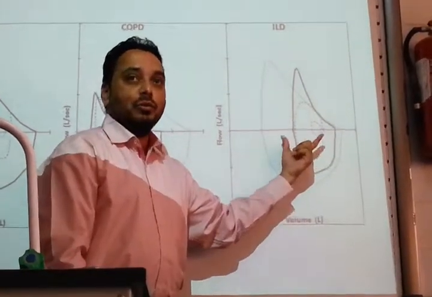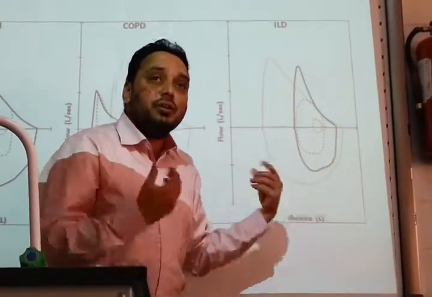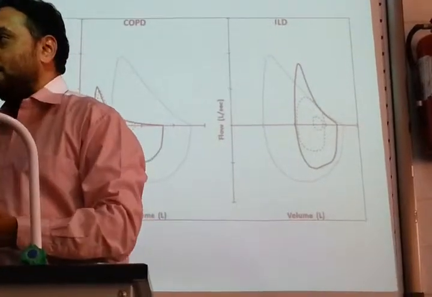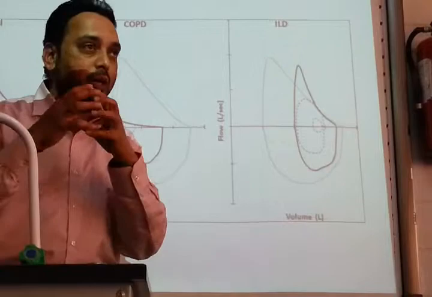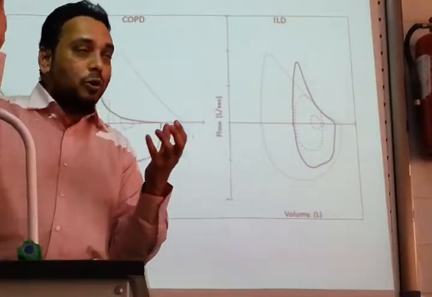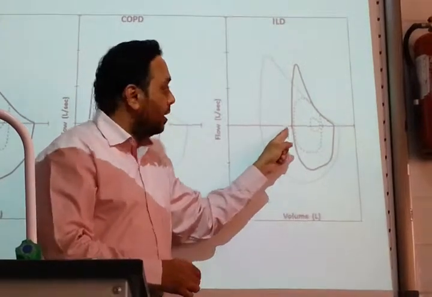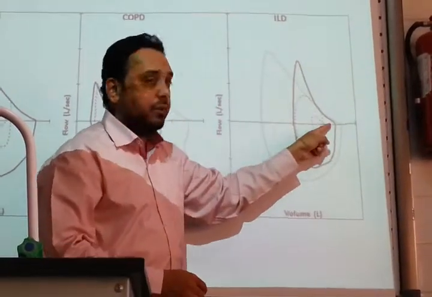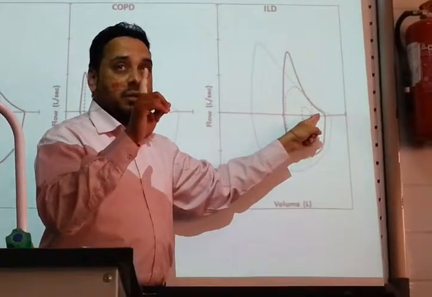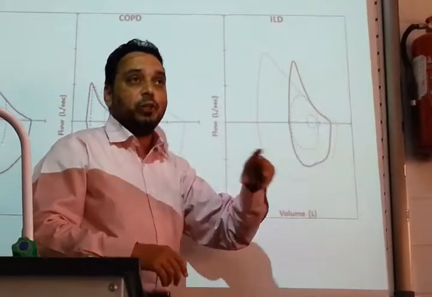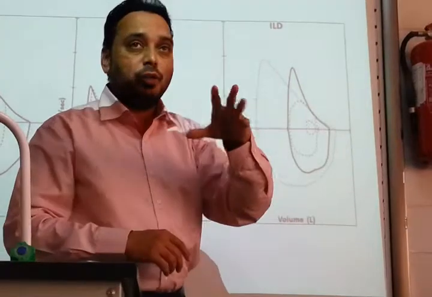So there is restriction from within the tissue of the lung. It is not able to comply, it is not able to expand. So it will change the inspiratory phase and it will change the expiratory phase.